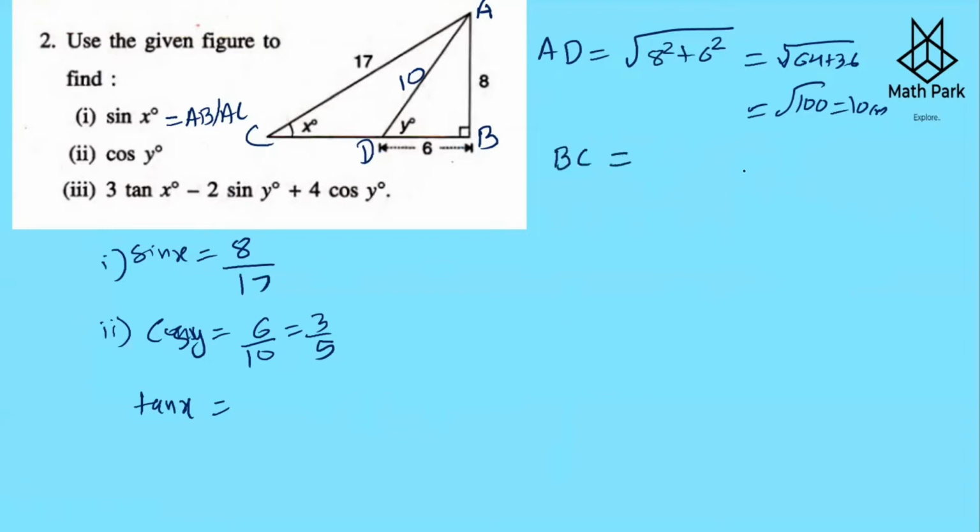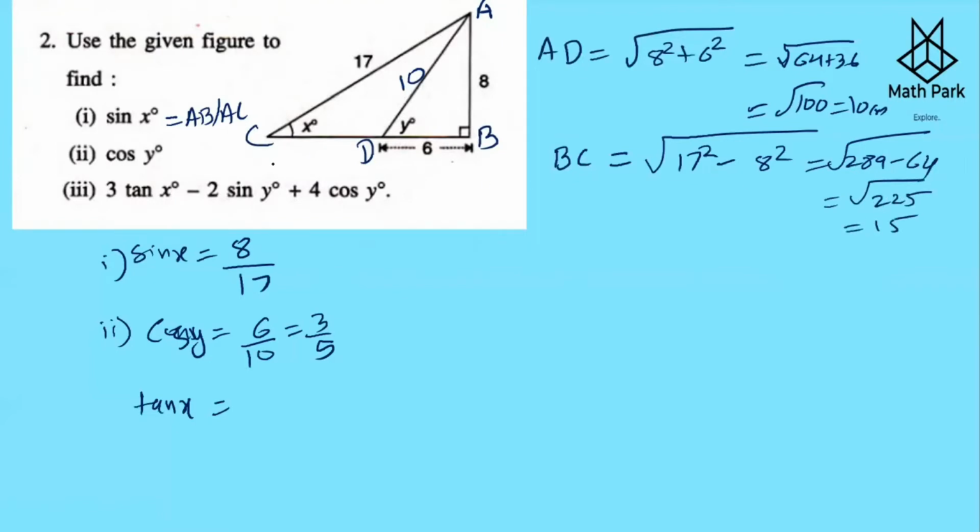BC is equal to the square root of AC square minus AB square, that is 17 square minus 8 square. 17 square is 289 minus 64, which is root of 225, and that is 15. So we got BC as 15. Therefore tan x is equal to opposite by adjacent, that is 8 upon 15, with respect to x.